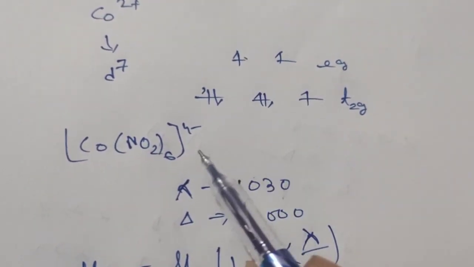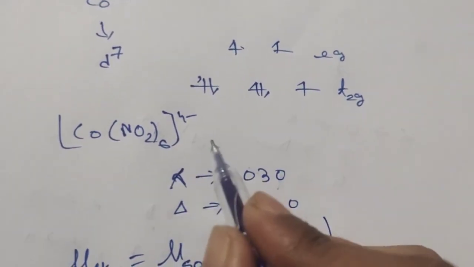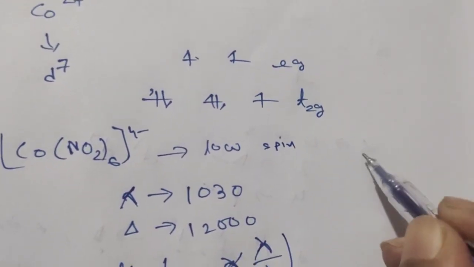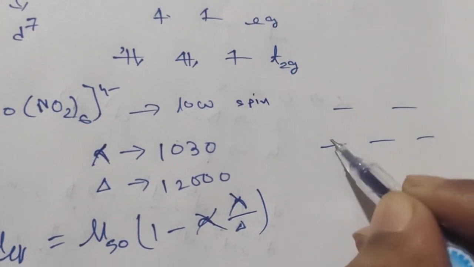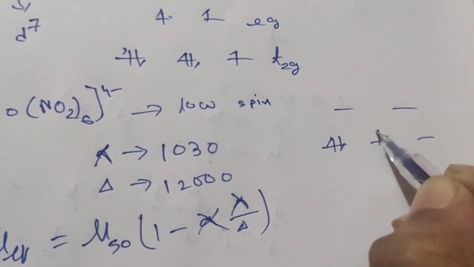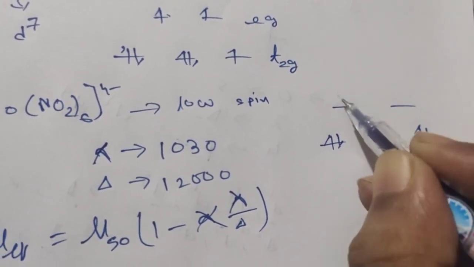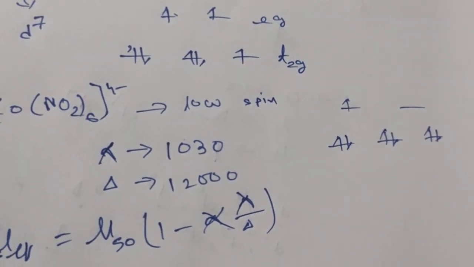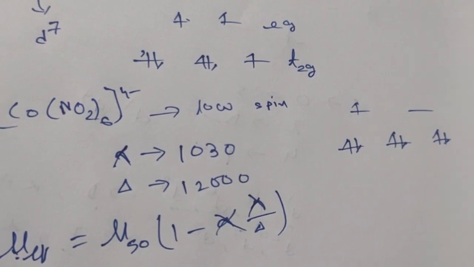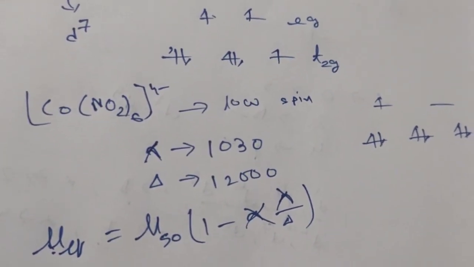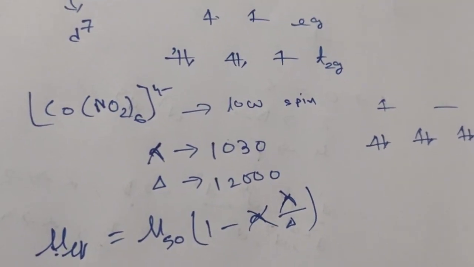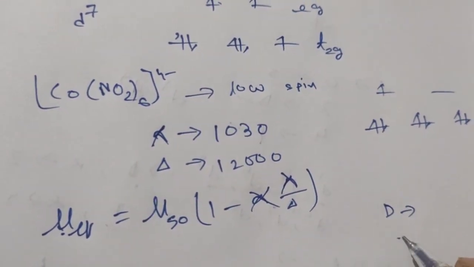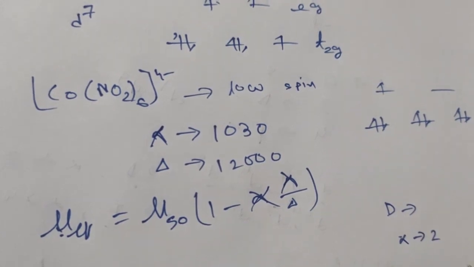Sorry, for this compound, actually this is a low spin one, right? So the configuration will be 1, 2, 3, 4, 5, 6, 7. So there will be 1 unpaired electron. For 1 unpaired electron, we know the term will be T, so the alpha value will be 2.